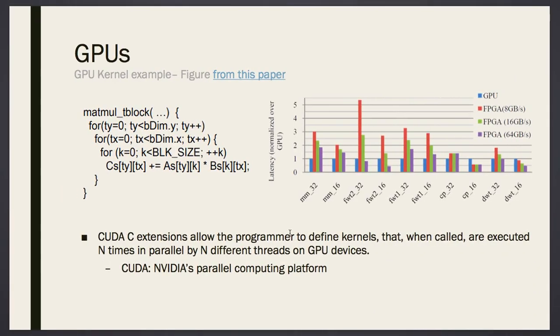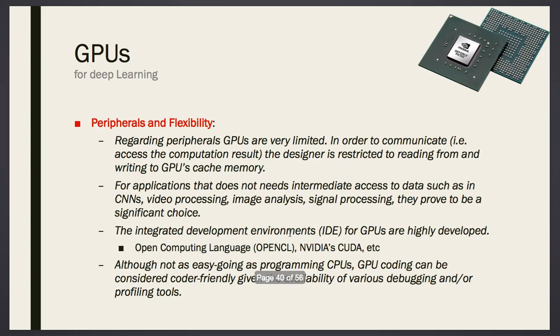Okay, let me continue. So this is how you program. Inside each core, you write something like this. So let's talk about another aspect of the GPUs: the peripheral and flexibility issues. Peripherals means talking to the outside world.